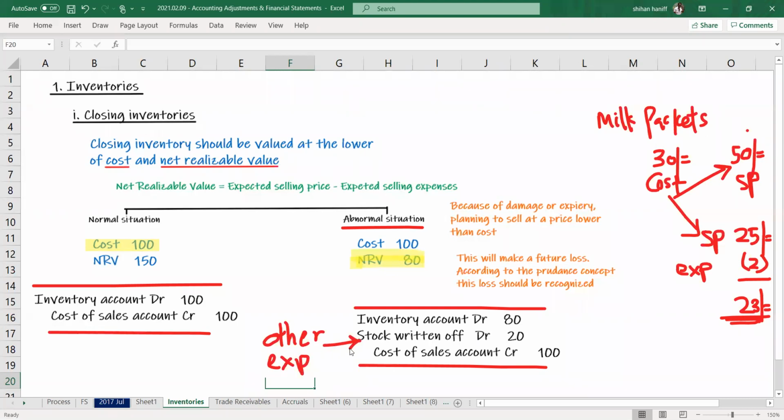Stock written off, other expense. Okay, shall we move to the next one?